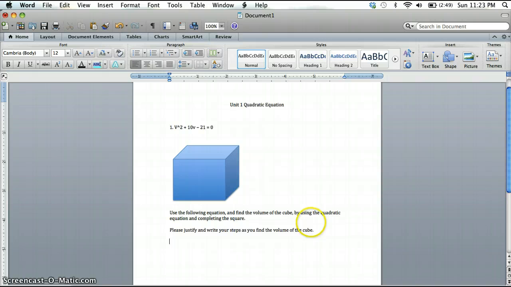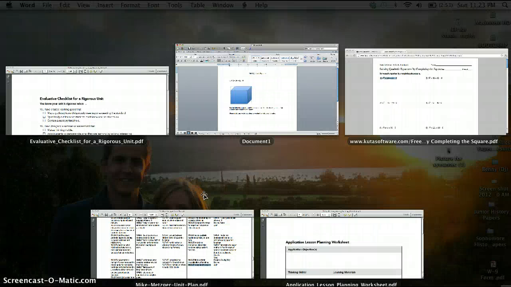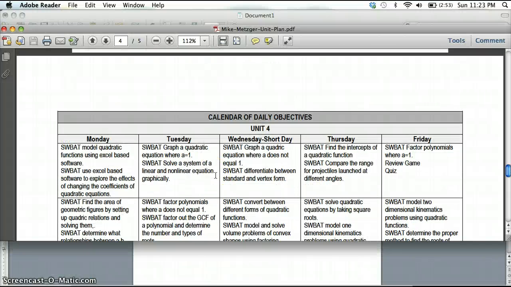I might even have students do a hands-on project with finding the volume of this cube by completing the square, so that when it comes time for the exam, they're actually going to be able to master this question. So that's why we're going to write our exam first before we ever start teaching.